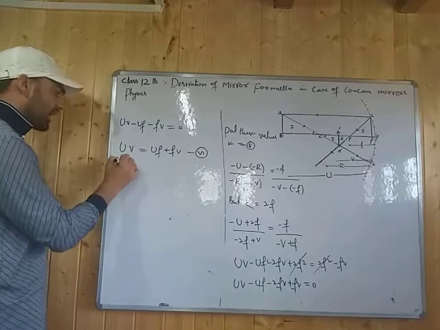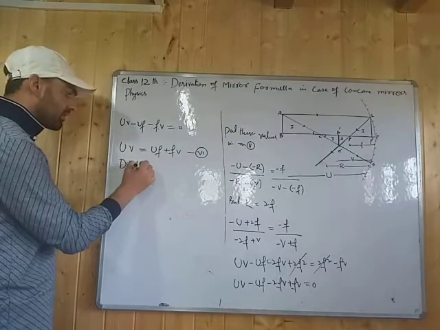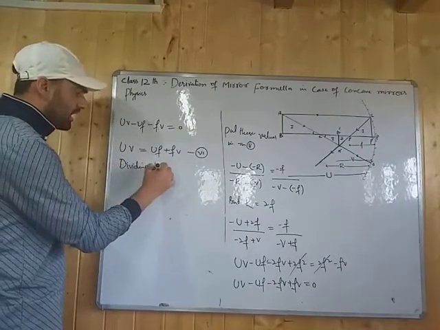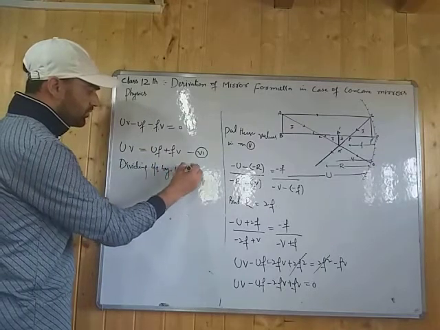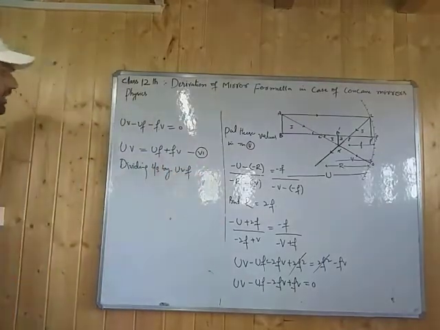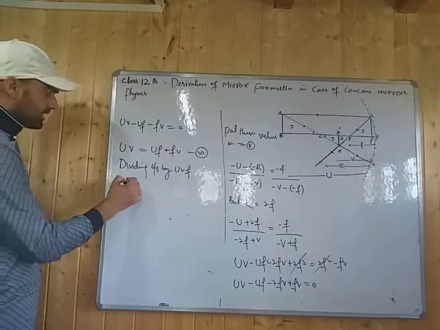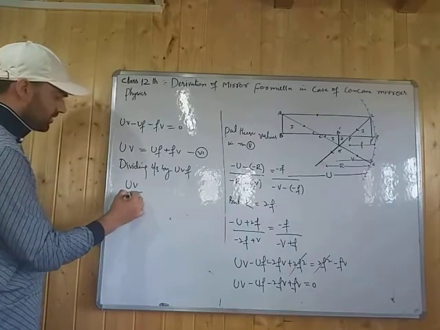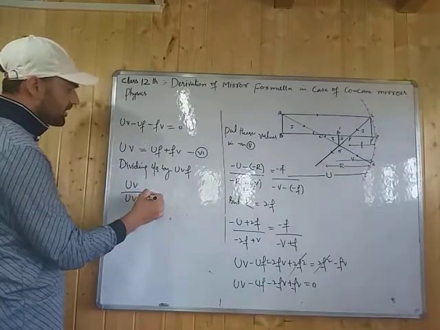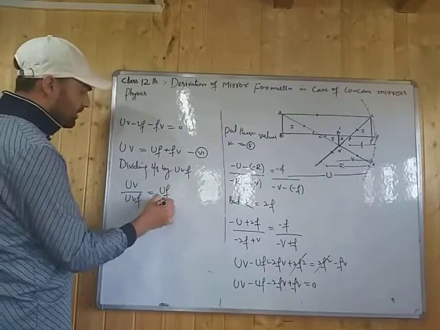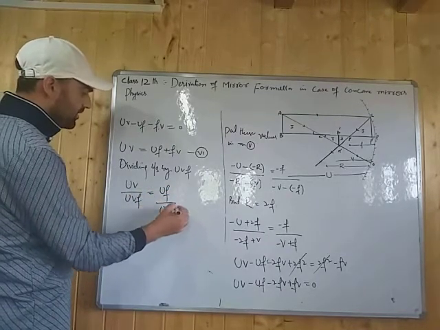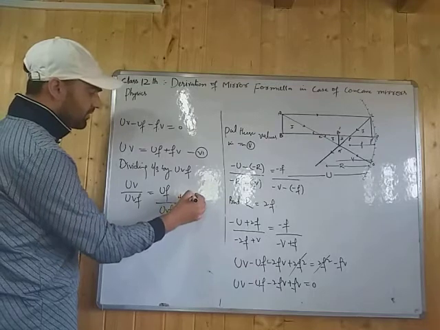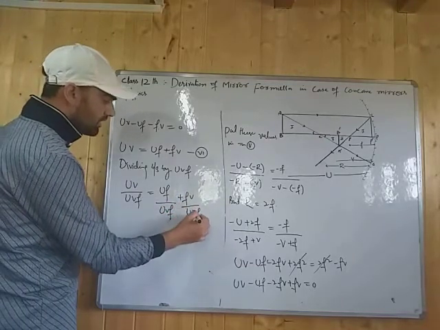Now dividing both sides by UVF. So here we'll write UV divided by UVF is equal to UF divided by UVF plus FV divided by UVF.